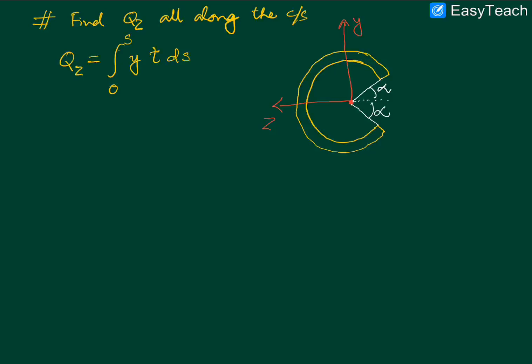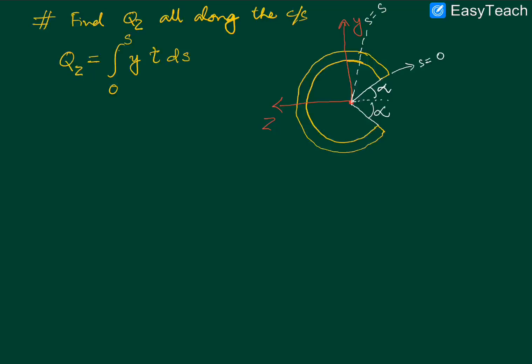So what we can do is just mark it out in this fashion. So this is s equal to 0 and this is s equal to s.